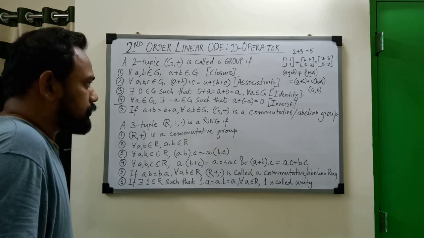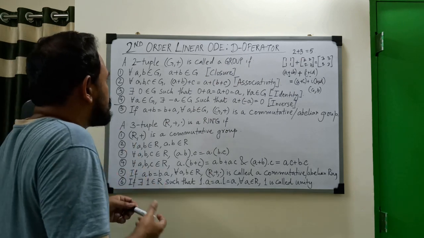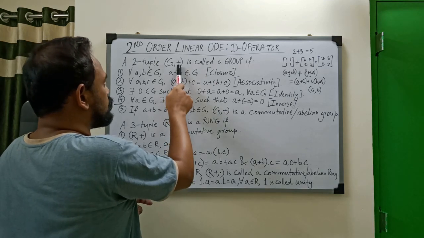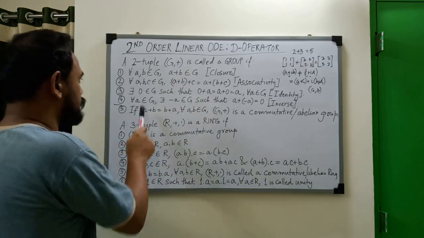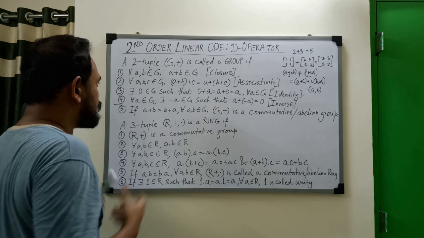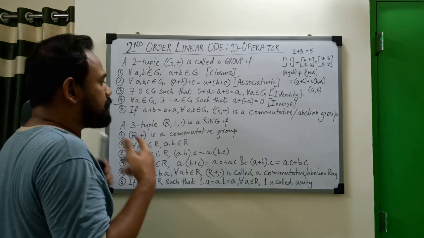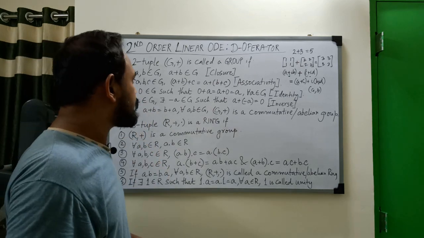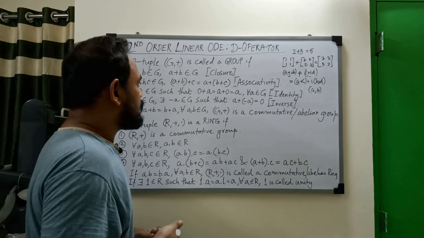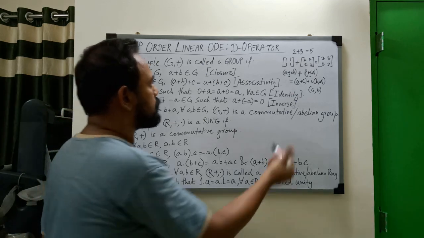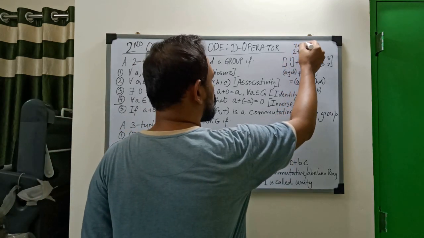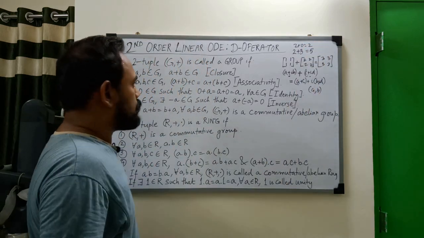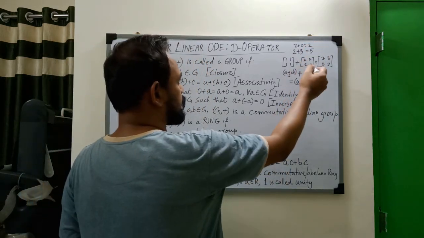Now, there may be a confusion, but if you can get rid of your confusion for plus, you can get rid of your confusion for 0 also. 0 here doesn't mean the 0 of real numbers, because, of course, for real numbers, you would write 2 plus 0 is 2. That's fine. But what about matrices?